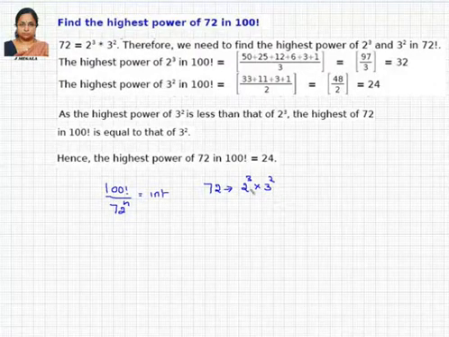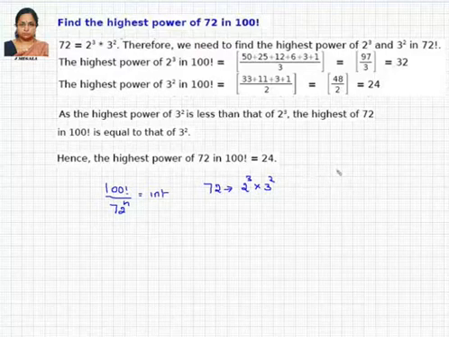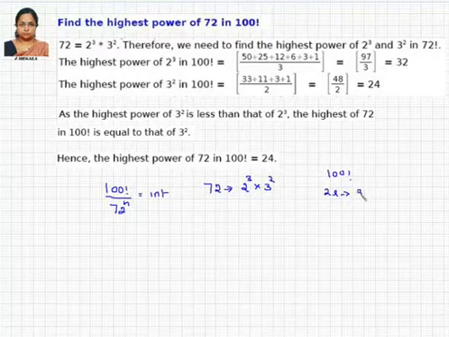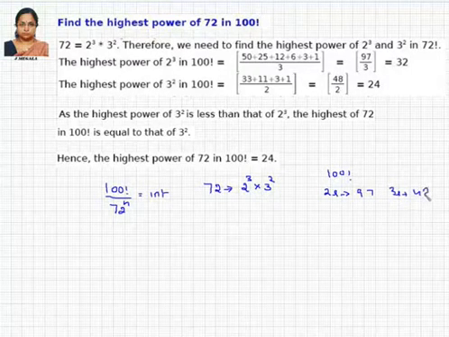That means you need to find the number of 2's and the number of 3's in 100 factorial. You have already done these two. If not, please try to do it. In 100 factorial, the number of 2's is 97 and the number of 3's is 48, like we have done already.